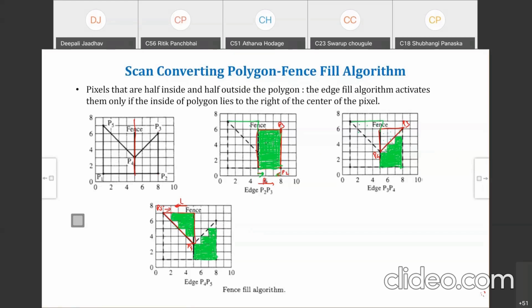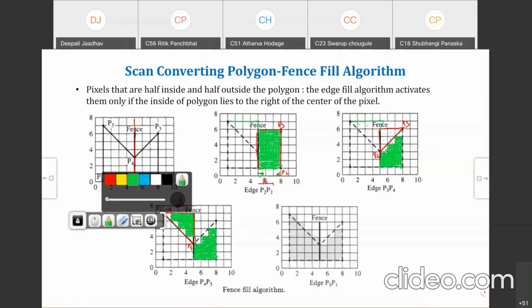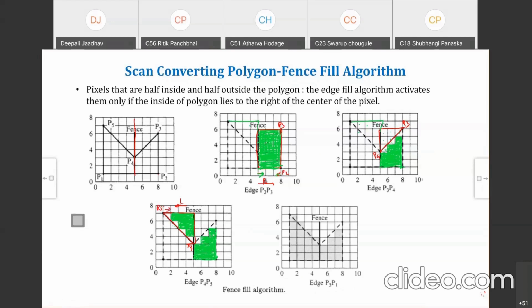Now we move towards the remaining line, P1 to P5, which lies on the left of the fence.